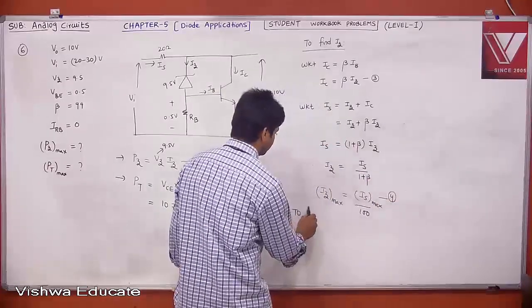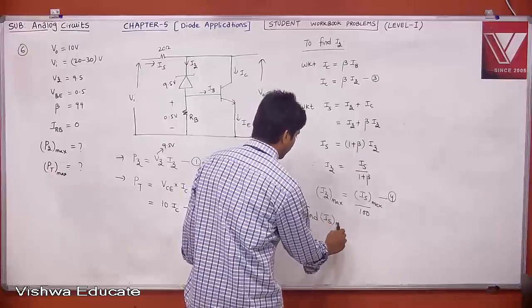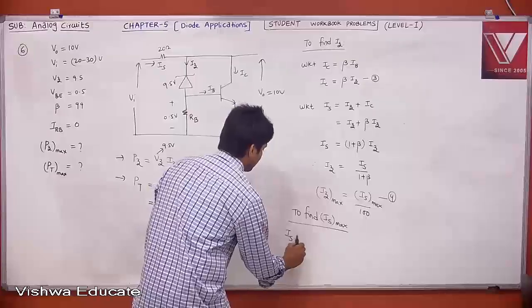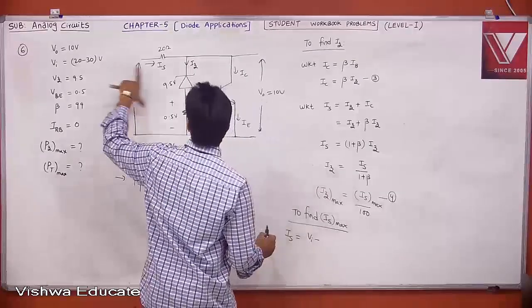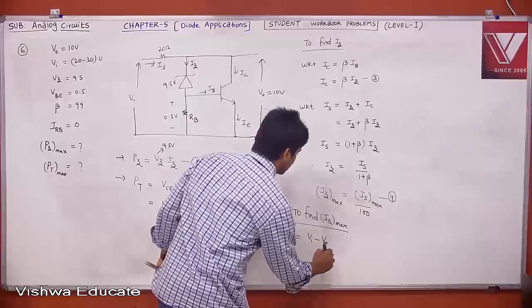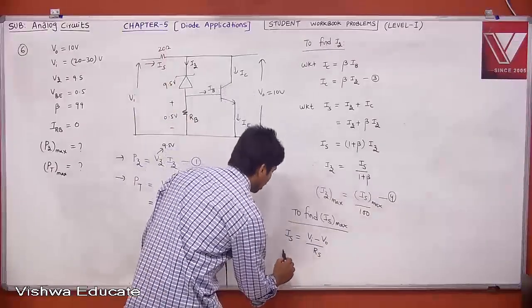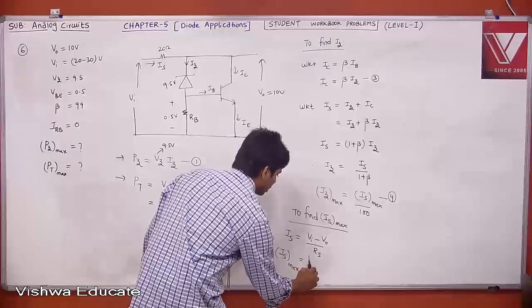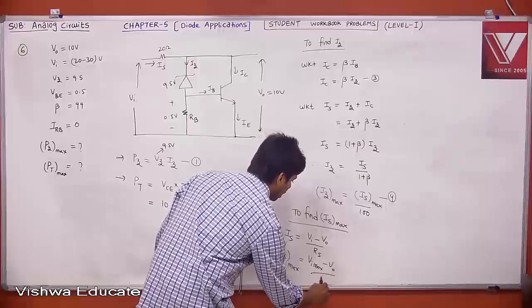To find Is maximum, the maximum source current: first of all, what is Is? Is is nothing but your input voltage Vi minus your output voltage V0, divided by your Rs. Rs is given as 20 ohm. I want Is maximum, so that is nothing but Vi maximum minus V0, divided by Rs.